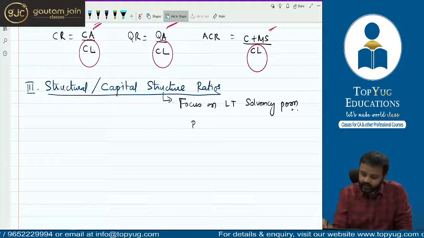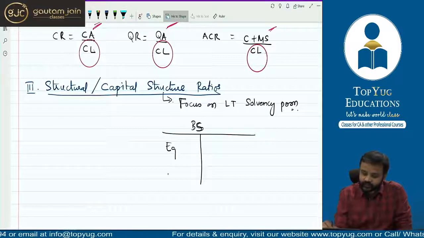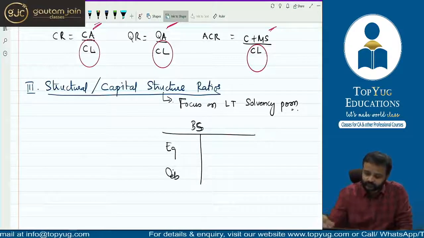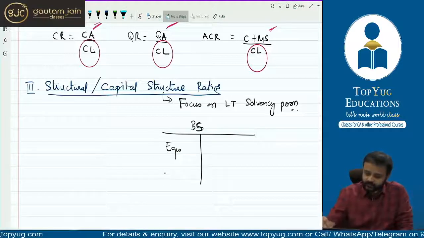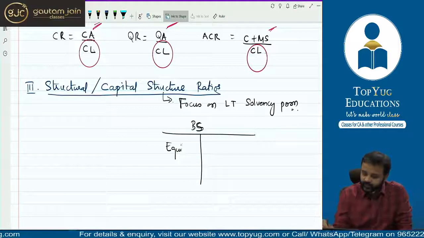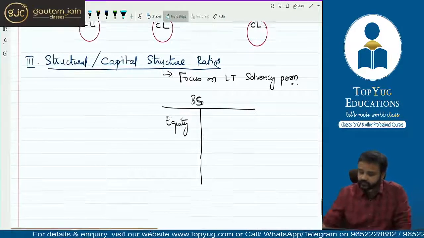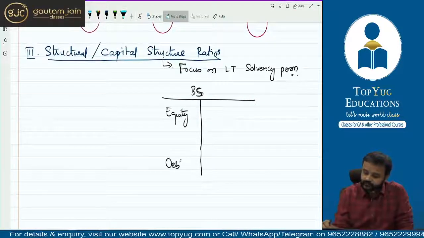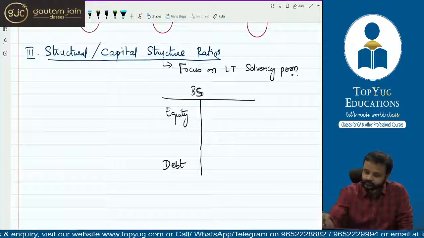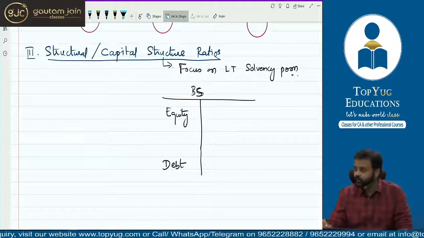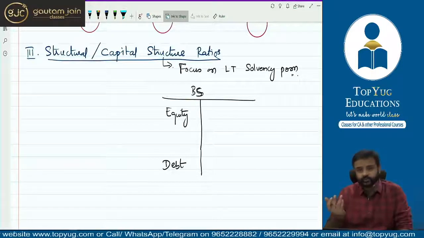I am repeating again, as I've discussed earlier, a simple balance sheet, which has equity, then debt. Equity is nothing but the shareholders funds or the net worth. Equity means shareholders funds, proprietors funds, owners funds, net worth.